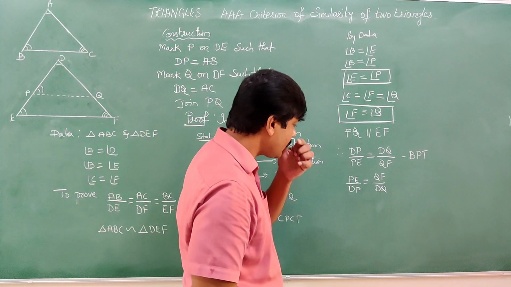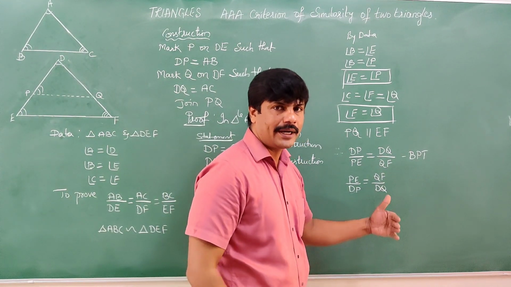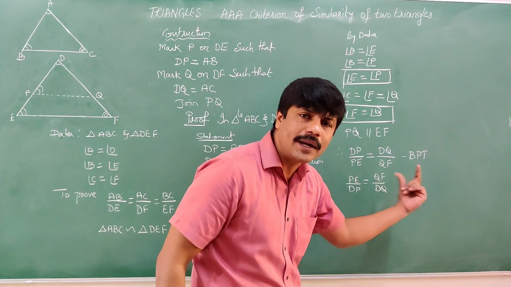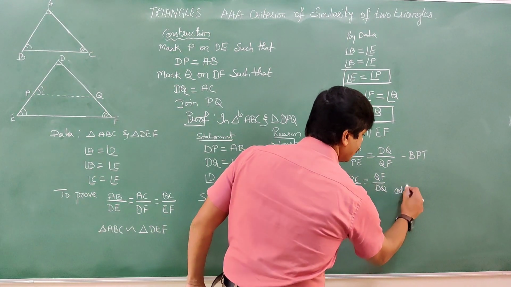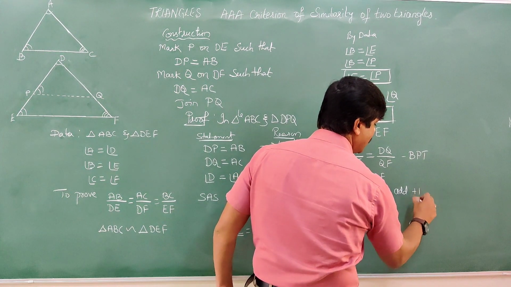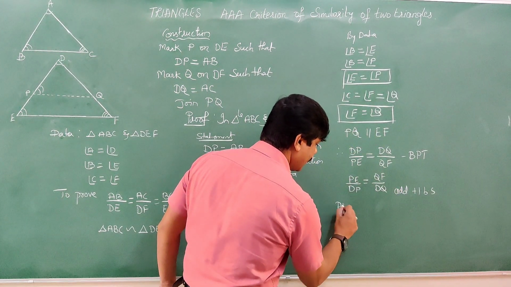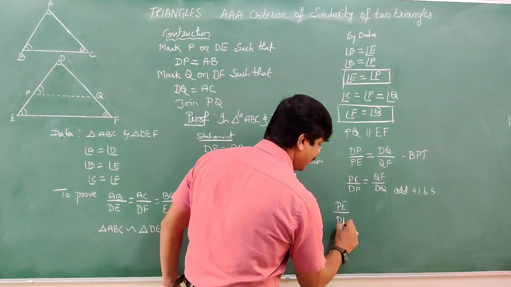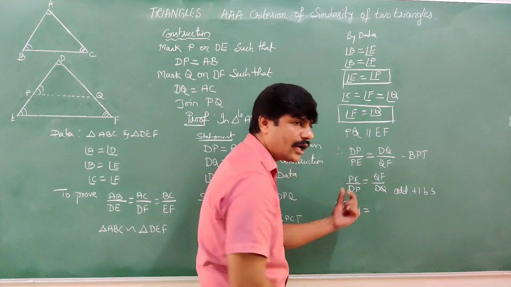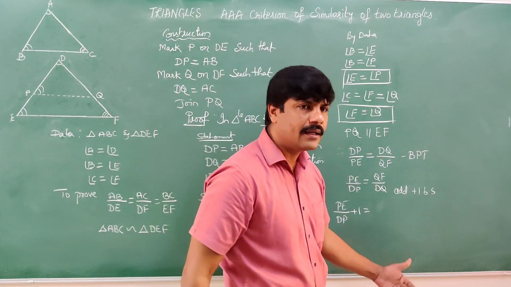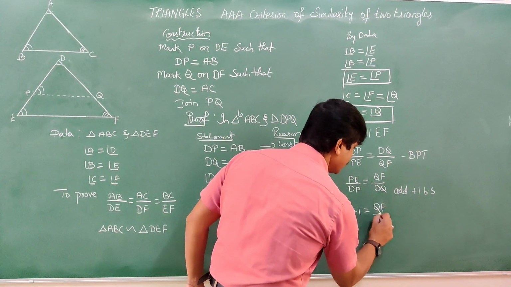Reciprocating. Now add 1 on both sides to get the corollary of BPT. So that PE by DP plus 1, adding 1 on both sides. If you add or subtract on both sides, you are not changing anything.